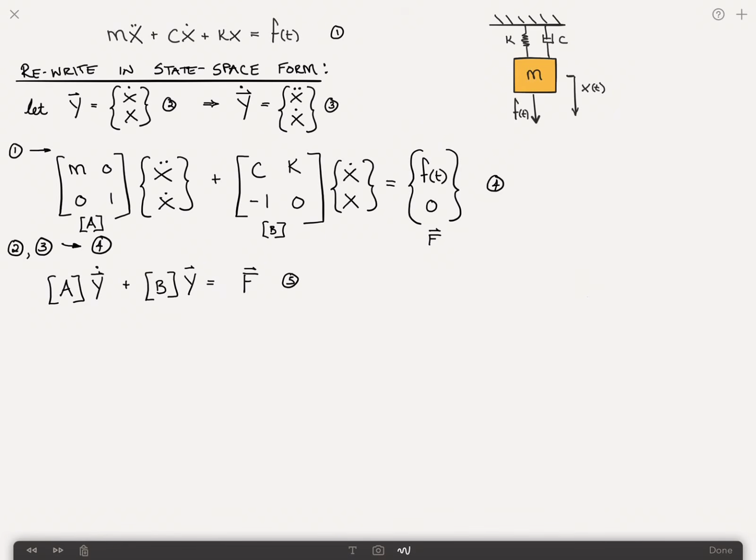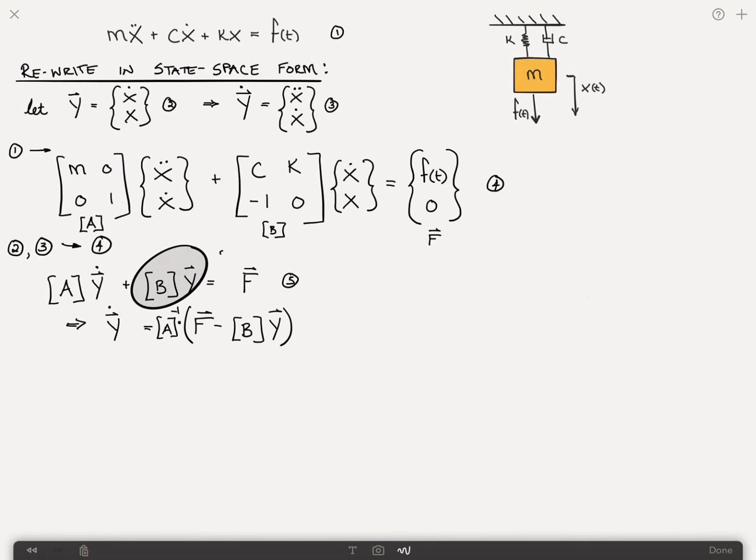Okay, now I proceed by discretizing equation, well, let me just rewrite equation 5 like this. I can solve for y dot by just moving everything over to the other side. So what does that give me? I've got F minus B times y. And I'm going to pre-multiply this by A inverse. So what did I do?